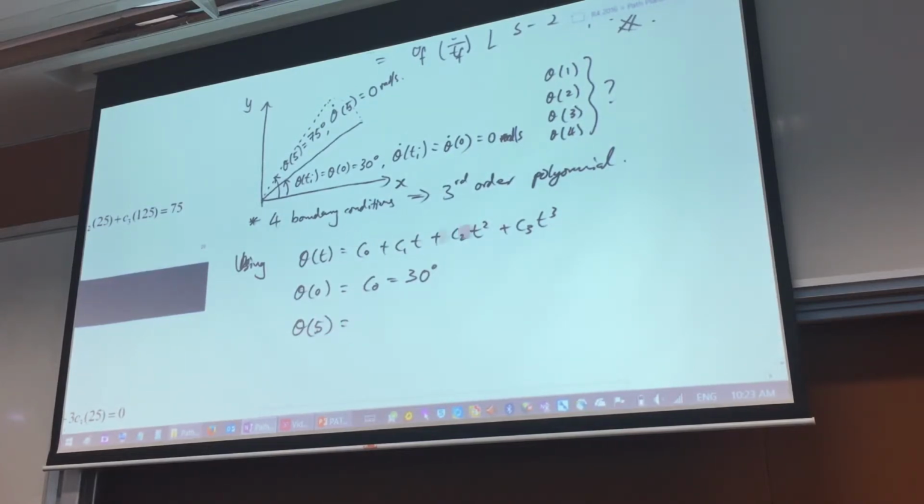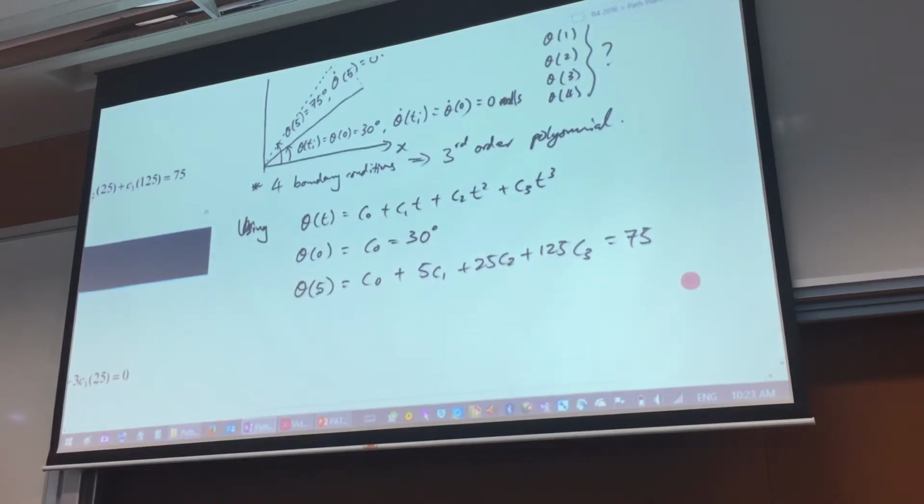I can substitute that inside here as well. So c0 plus 5 c1 plus 25 c2 plus 125 c3. This must be equal to 75 degrees. So c0, we have already seen that this is 30. Later on, we'll make use of this to solve for the other unknowns. But for now, we just leave it as that.